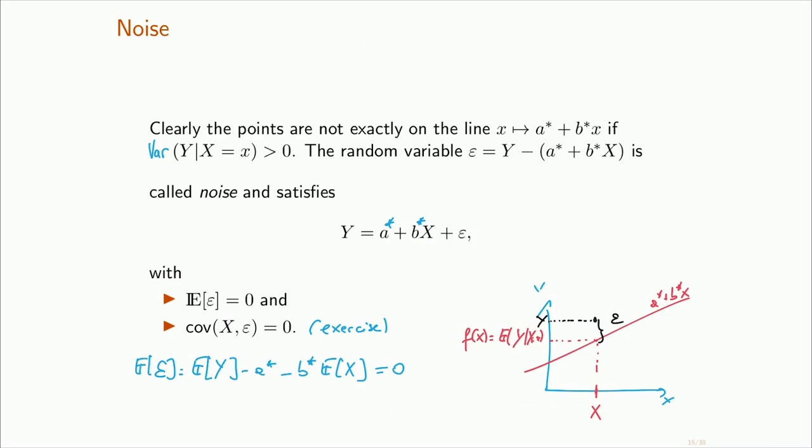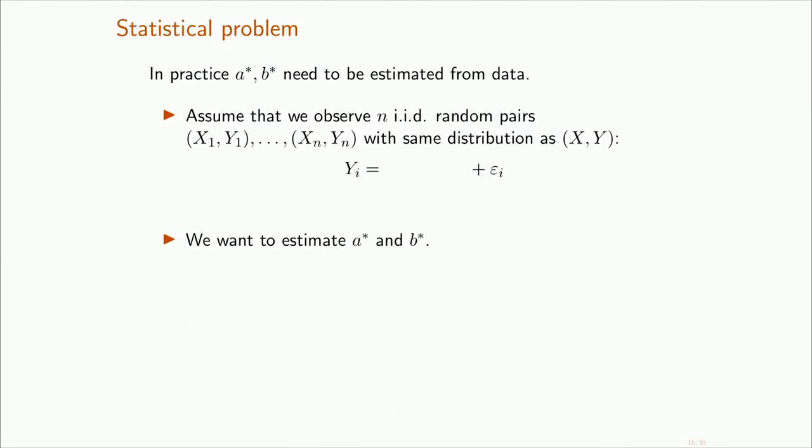So now I want to estimate, okay? So I don't have this a star and b star. I want to estimate them from data. So what we're going to assume is that we have some random pairs, xi, yi. Those are all those dots on the scatter plot. I have a bunch of those dots. They have the same distribution as this xy I've been spending quite some time describing.